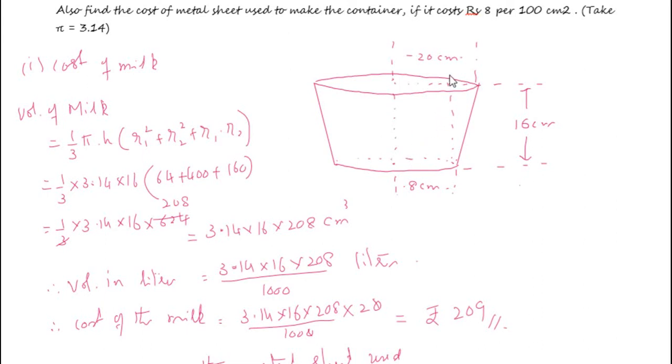So this distance is 20 minus 8, that is 12.